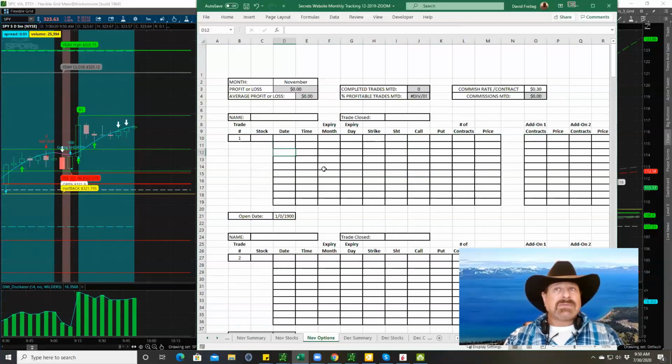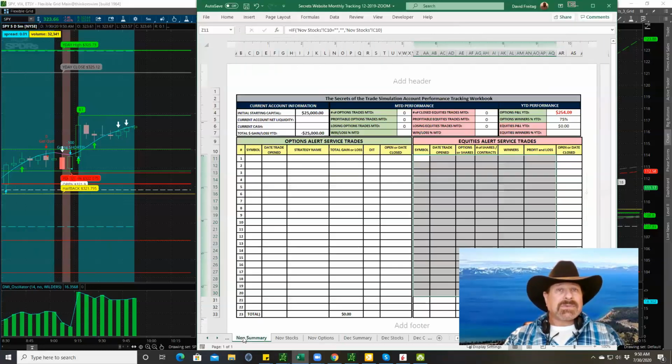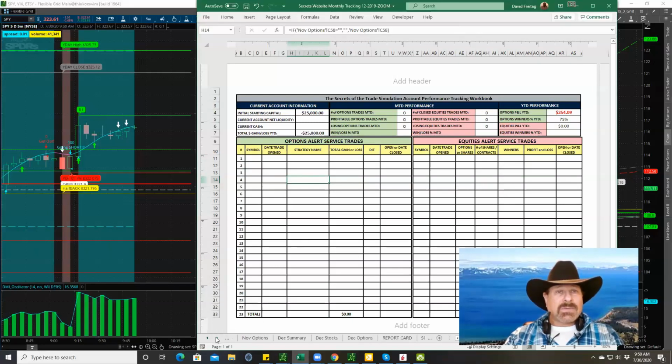So I keep track of each one of the legs, and then I keep track of how I do on each one of those. And then it gives me a summary at the end, a running total. As soon as I make an entry in here, it shows up here and keeps a summary of how I'm doing. So that's one of the ways that I journal my trades.